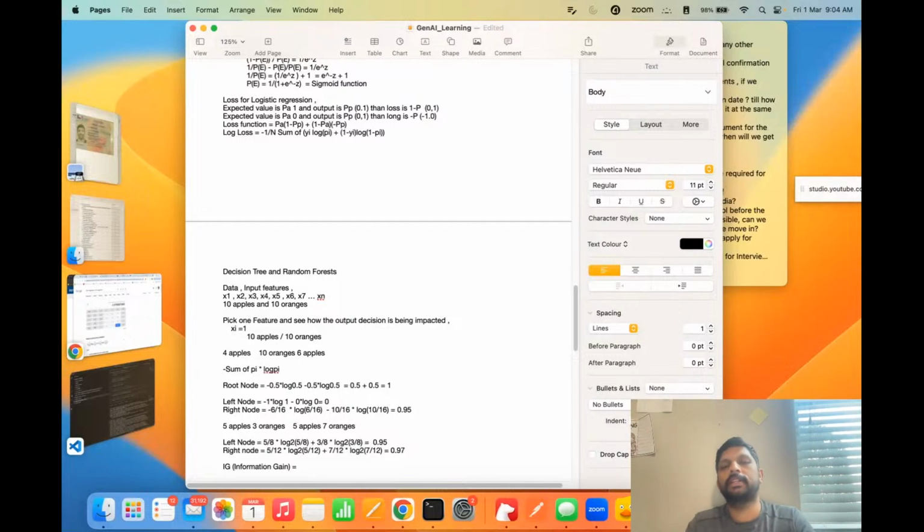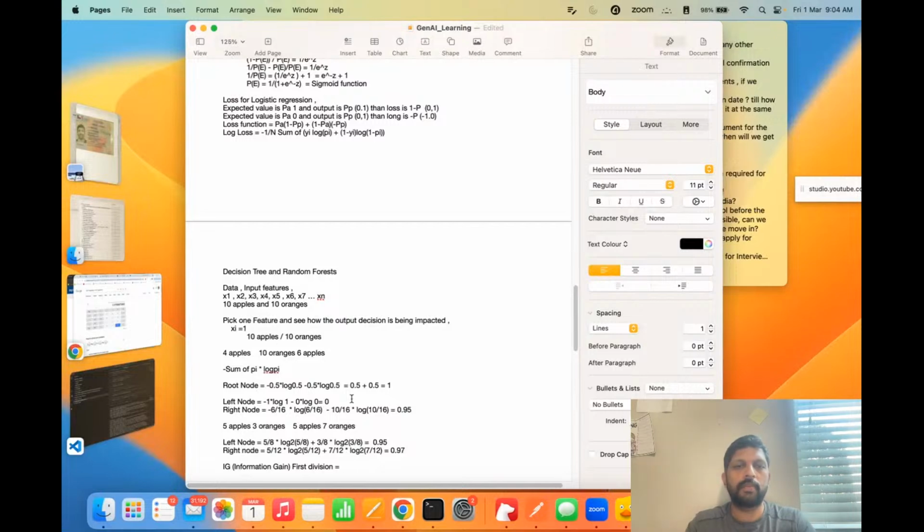They sum it with the weights. That means with their corresponding root node. For example, the information gain for the first division is equal to the two values, right? Left node and right node.